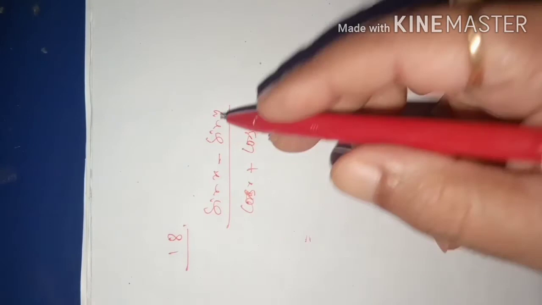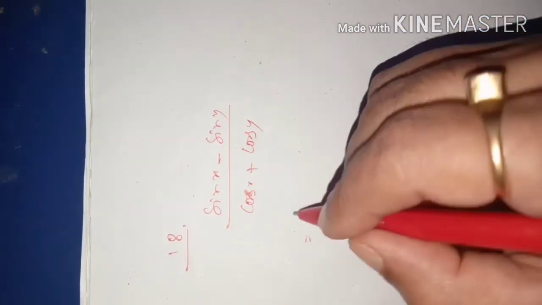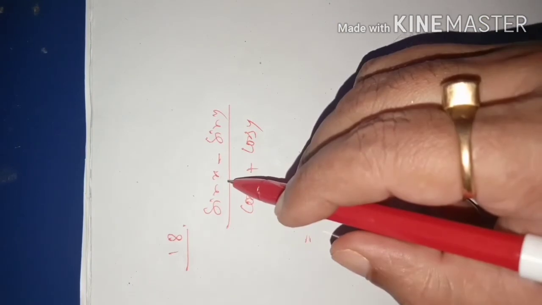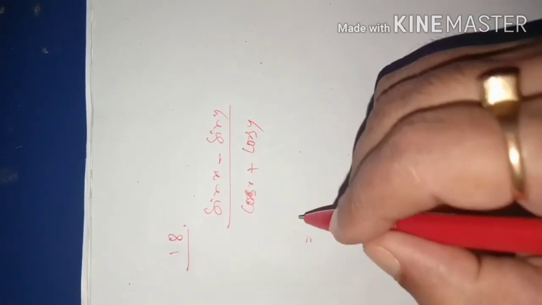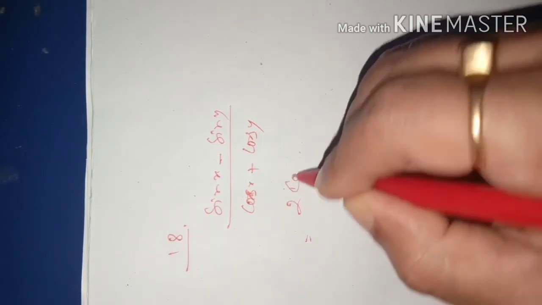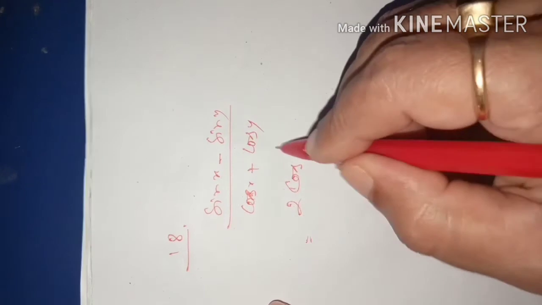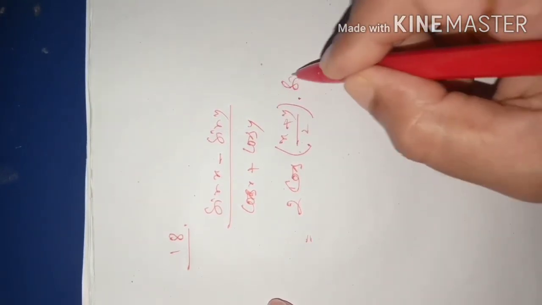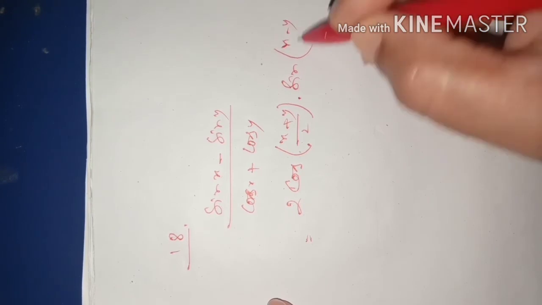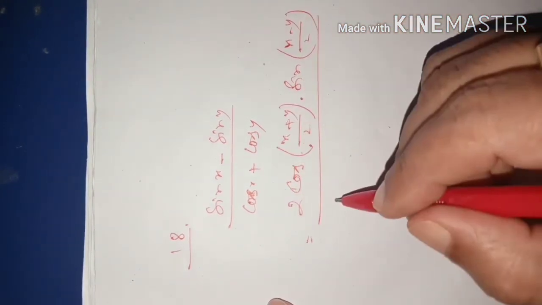Again the same. Sin x minus sin y will be twice cos of (x plus y) by 2 into sin of (x minus y) by 2, divided by cos x plus cos y.